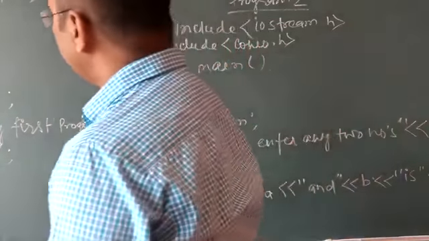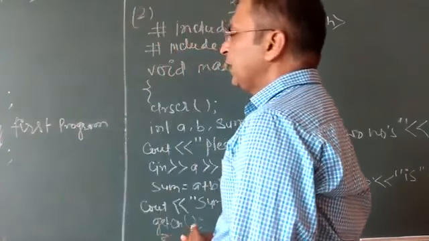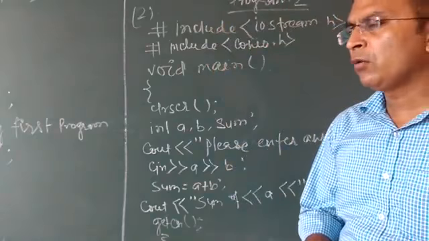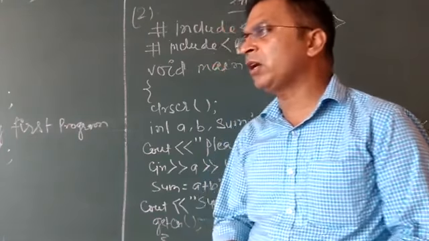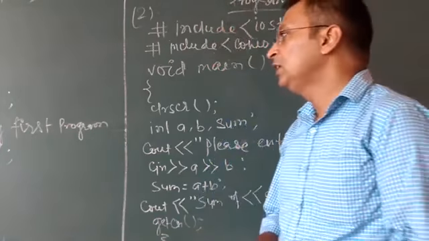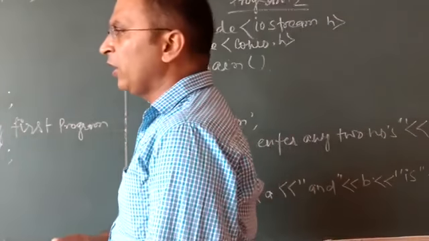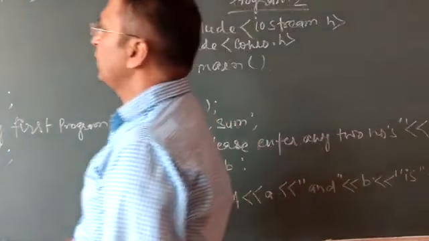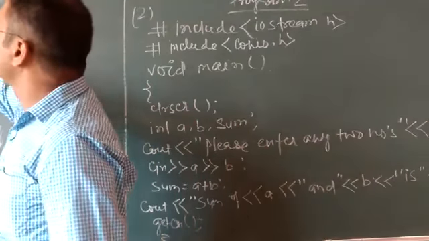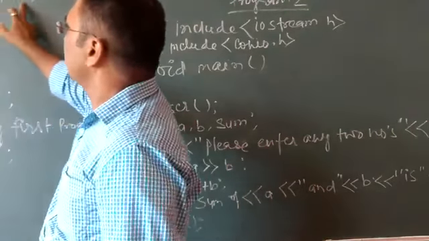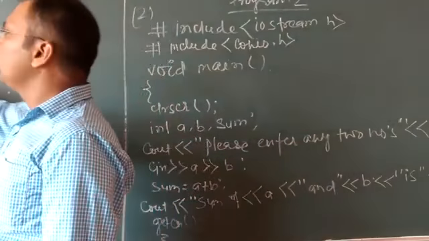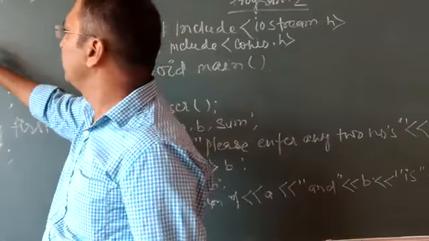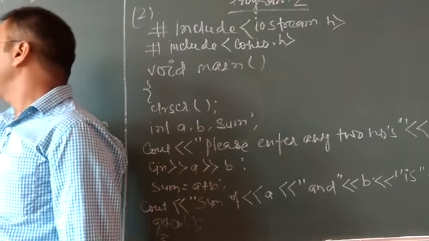So here we have one string, that is welcome, and we want to get that welcome as an output on the screen. While starting to write a C++ program, first we include the header file, include iostream.h, and then we write main with an opening parenthesis.